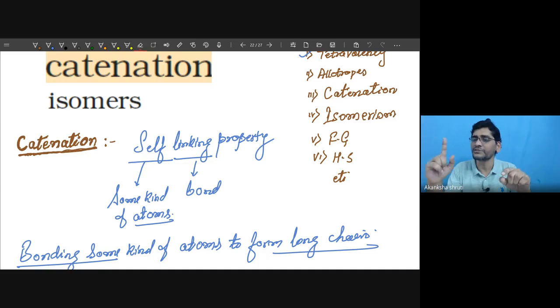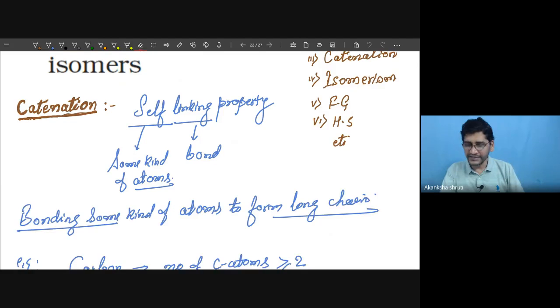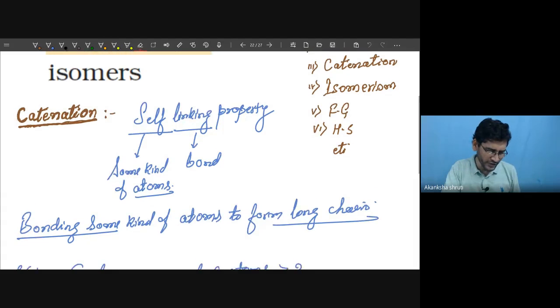Bond formation is possible with more than one atom. Okay, so this self indicates the same kind of atoms. So this linking doesn't mean just forming a bond between two atoms of the same kind. Even oxygen, no, it is not the self-linking.